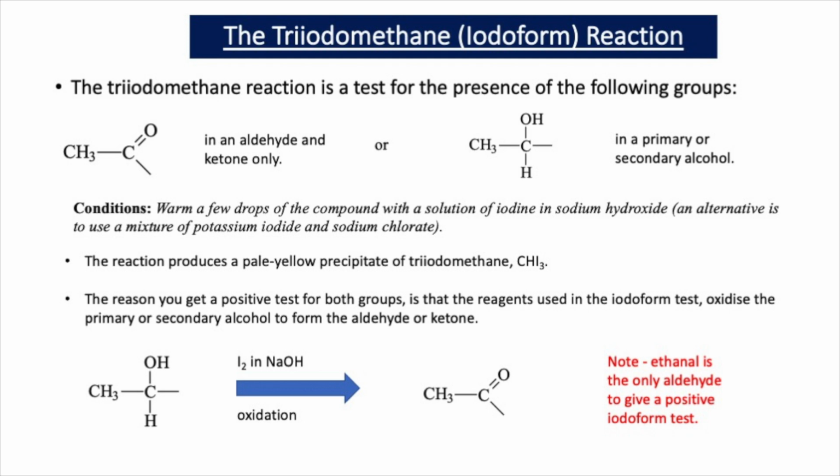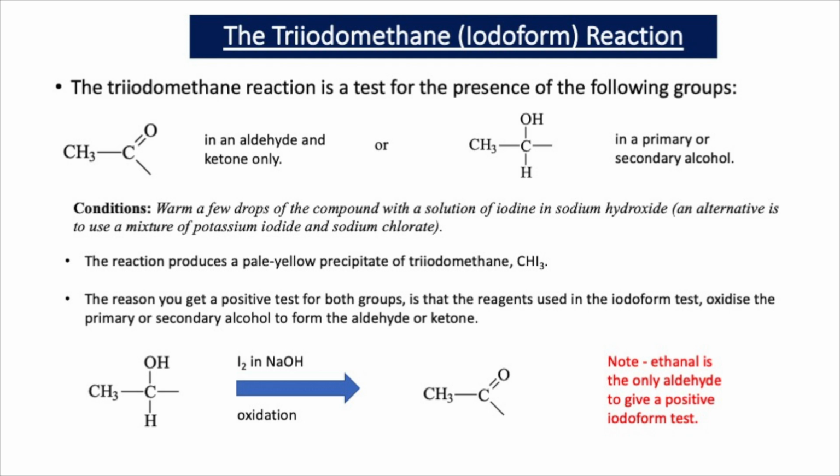Now, the reason you get a positive test for both groups is that the reagents used in the iodoform test oxidize primary or secondary alcohols to form aldehydes or ketones. For example, iodine is a substance that easily gains electrons, and it's very good therefore at oxidizing primary or secondary alcohols to aldehydes or ketones.